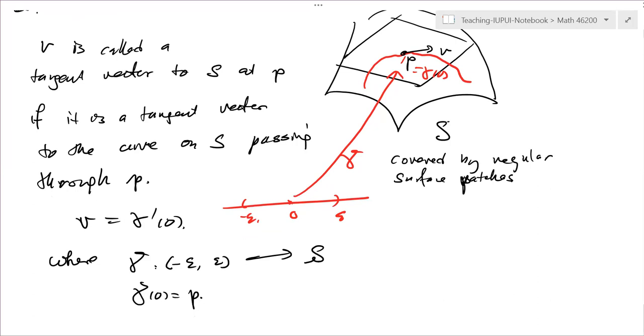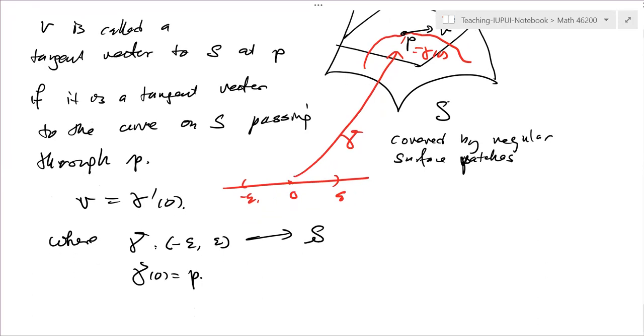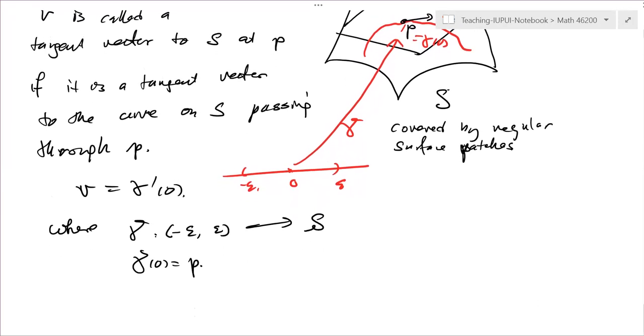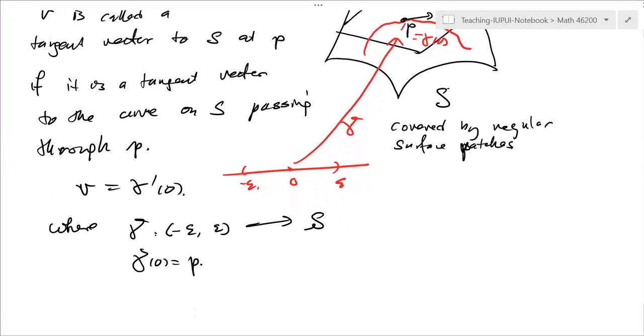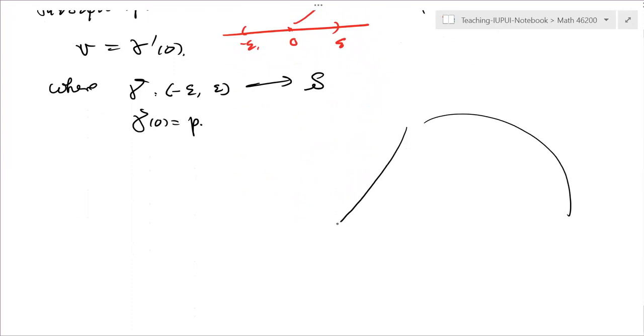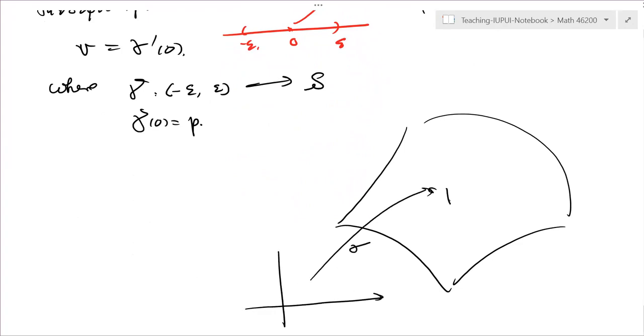So let's describe all the tangent vectors to see what kind of effect we're going to get. So what I'm going to do is, this is the surface again. I have to draw lots of pictures. So I have a regular surface patch, and this is a point P. So this is sigma, right?